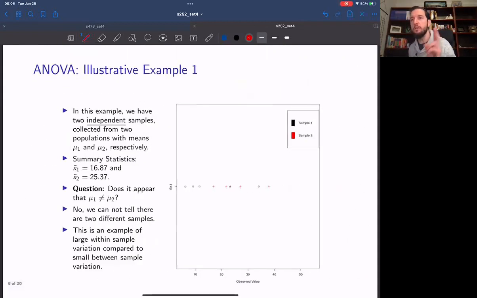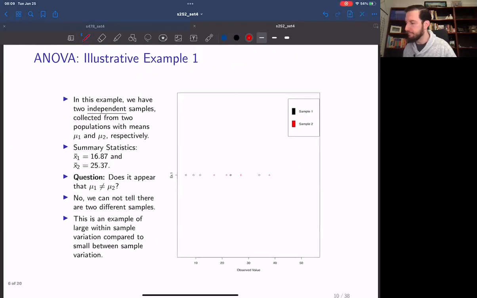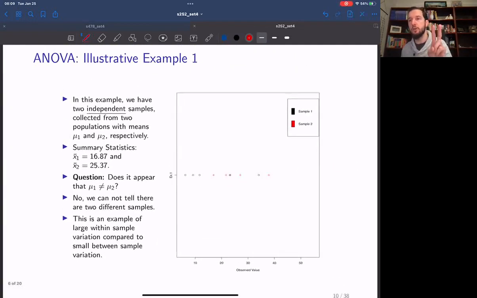All right, we're going to consider 2 very simple illustrations to try and illustrate why we can analyze variances to make statements about population means. In the diagram shown on slide 10, we have 2 samples of data, sample 1 and sample 2, colored as black circles for sample 1 and red crosses for sample 2.